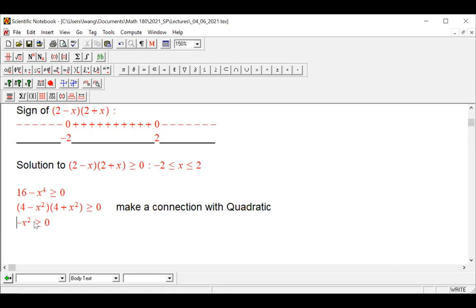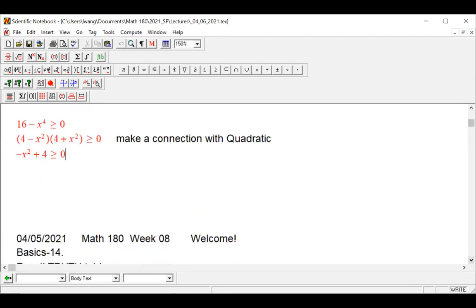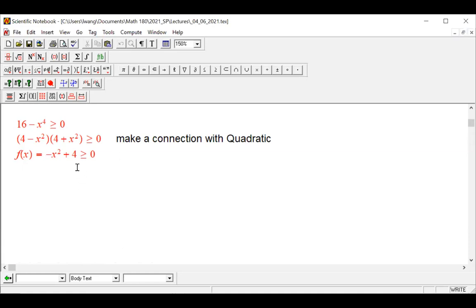If I write it differently, do you see this? This is a parabola that opens down, and we want it to be greater than or equal to 0.